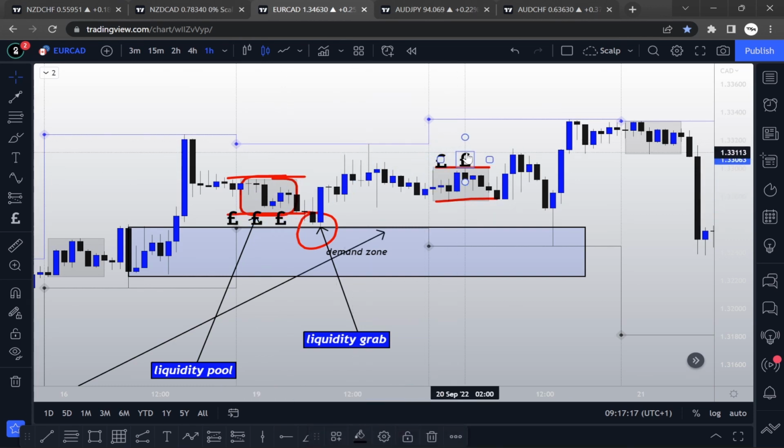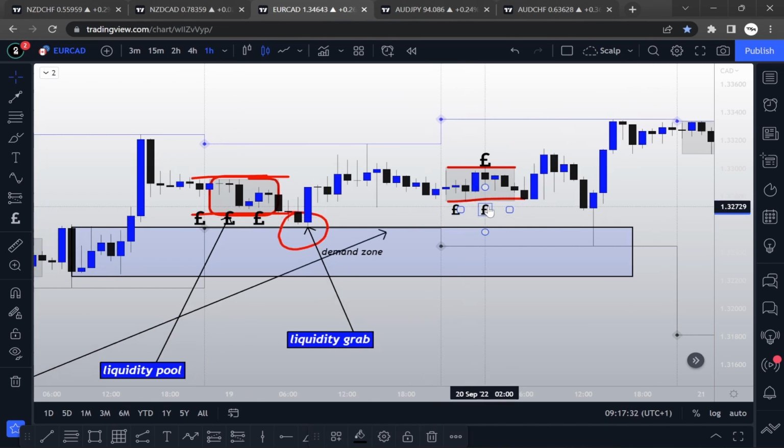there are orders. There are people placing their orders above and below each Asia session low, especially in the European currencies.